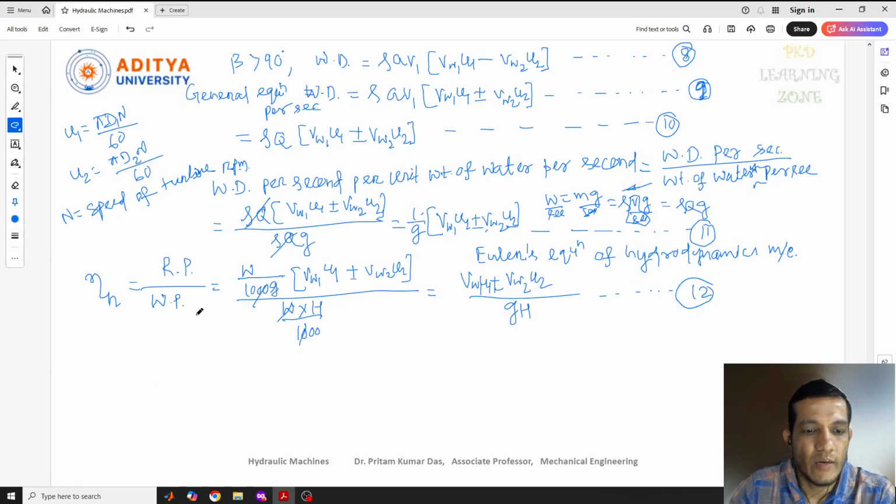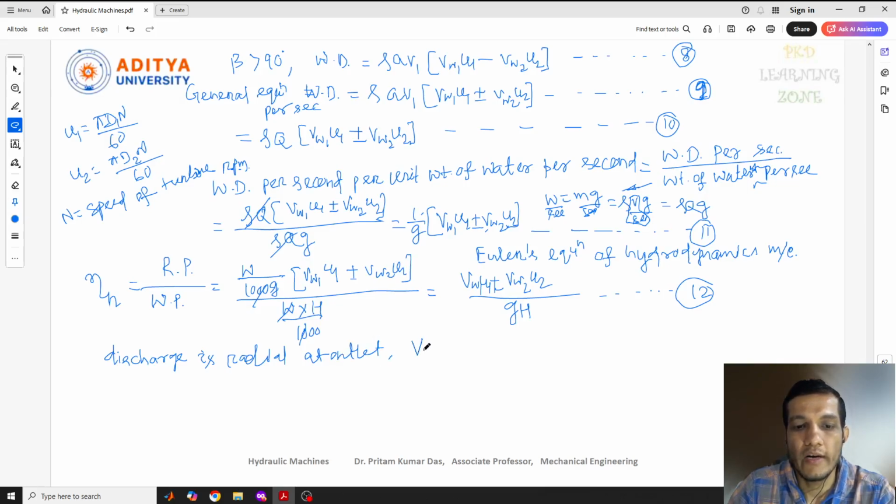As I told you, it is runner power to the water power: the power delivered to the runner, and this is water power. Now here, if the condition is given that the discharge is radial at outlet, then we need to consider VW2 equal to 0.